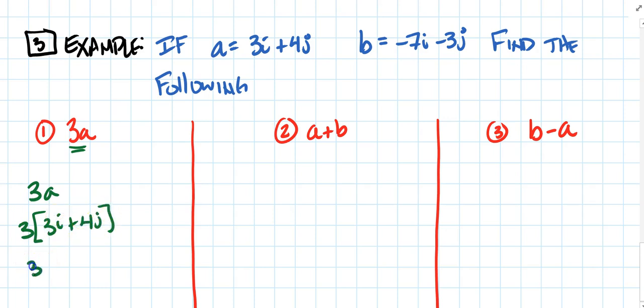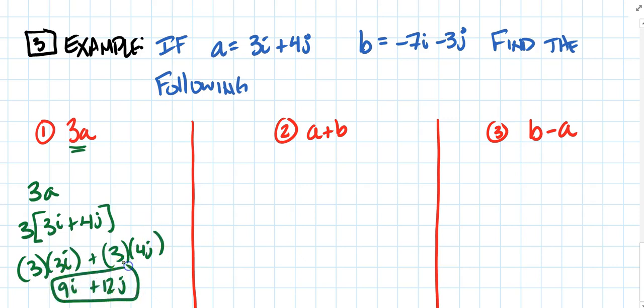So that's just going to be 3 times your 3i plus 3 times your 4j. So that's going to give you 9i plus 12j, and it really is that simple. That's all we're trying to do, we're just trying to increase that vector's magnitude 3 times. That's a scalar.